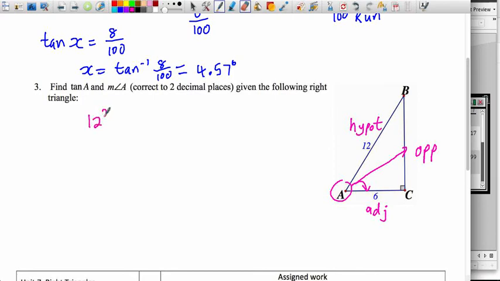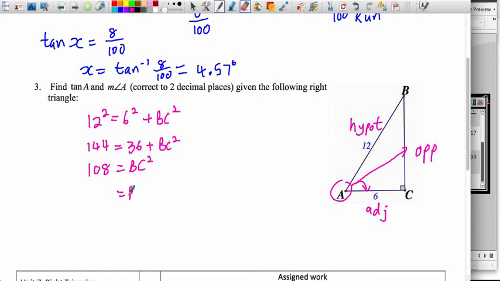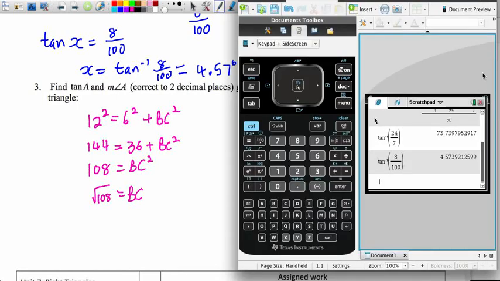So 12 squared will equal 6 squared plus BC squared. 144 is equal to 36 plus BC squared. BC squared is going to be 108, and therefore BC will be the square root of 108. If you want that in simplified radical form, of course your calculator can take care of that for you.